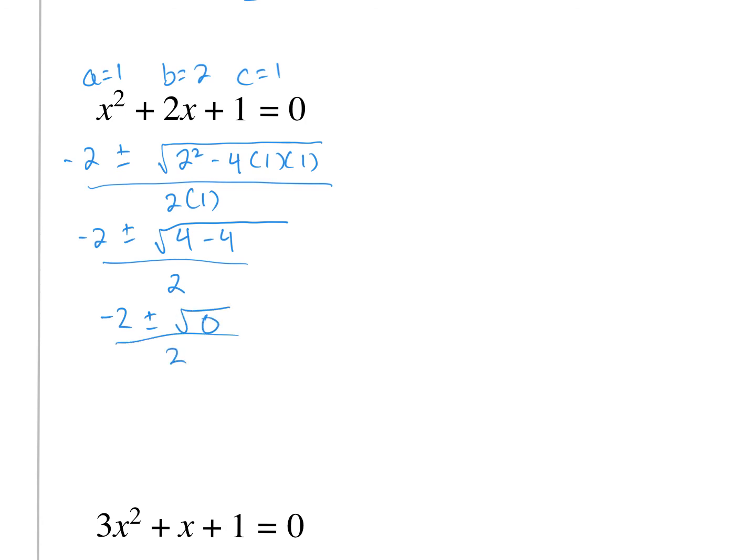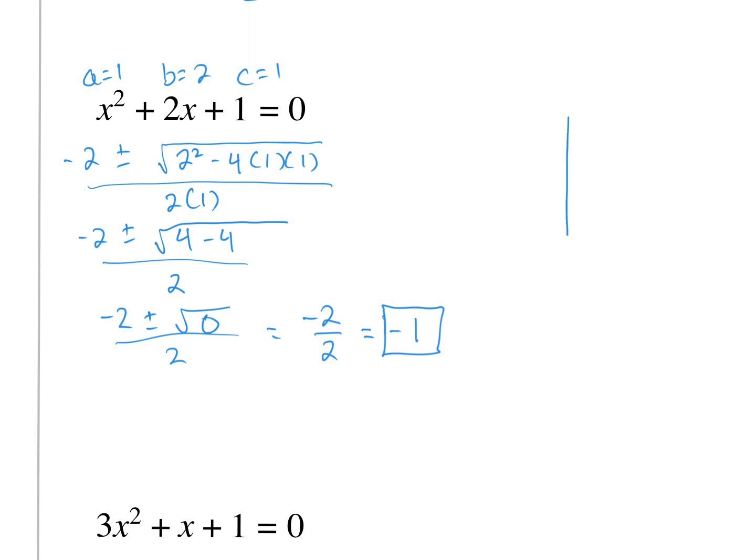So here in this special case, we only have one answer because this plus or minus 0 is going to be 0. So here, this is simply negative 2 divided by 2, and our answer is just negative 1. So in this particular case, the answer is just one answer, and it is negative 1.